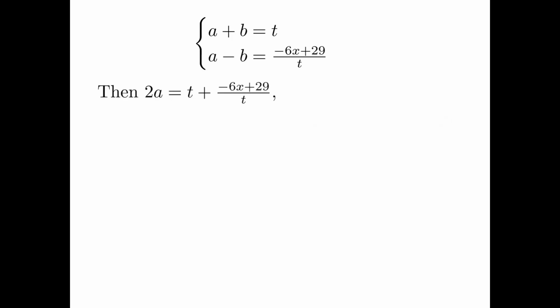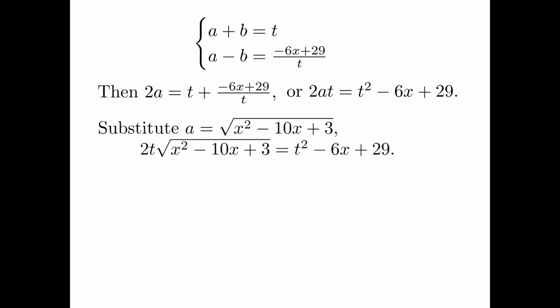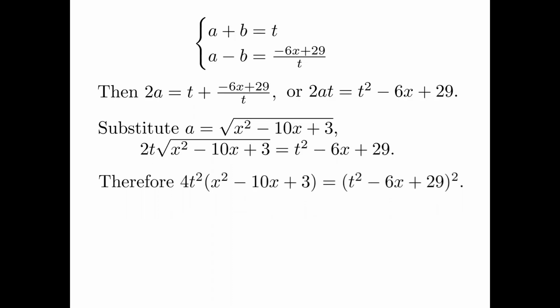Sum up and clean up. We have 2AT equals T squared minus 6x plus 29. We know by definition A is the square root of a quadratic polynomial in x. We do a substitution and square both sides.